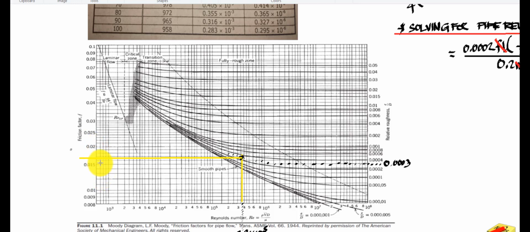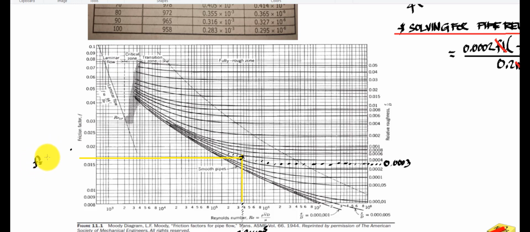Breaking down the graduations, this is 5, then 6, 7, 8, 9, and then 0.02. So it lies between 0.016 and 0.017.